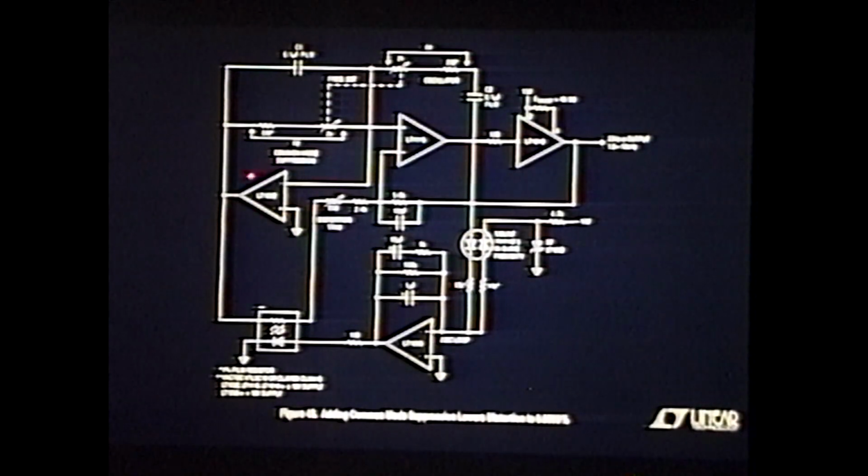Same circuit as before, except I measure this input. I compare it to where I want it to be, which is 0, and I force the other end of the bridge to whatever potential is required, which nominally will be out of phase with this one, so that this point ends up at 0. So now I've got 2 basic loops working in the oscillator. I've got the basic oscillator loop with its AGC, but I've also got a second loop forcing this amplifier to run at 0 volts common mode.